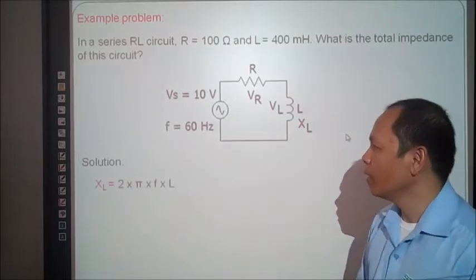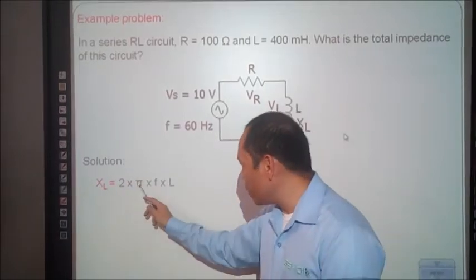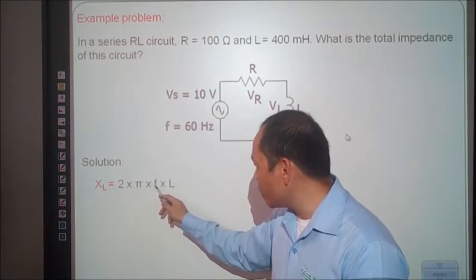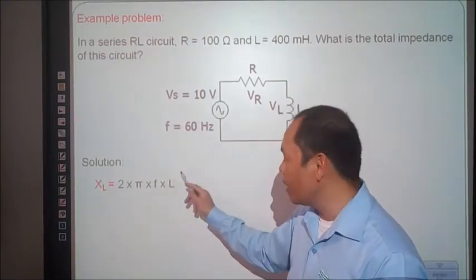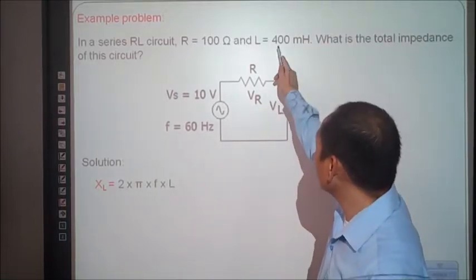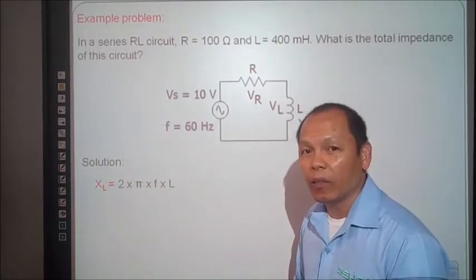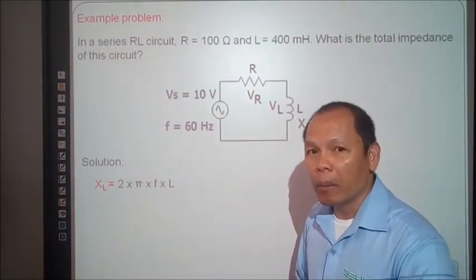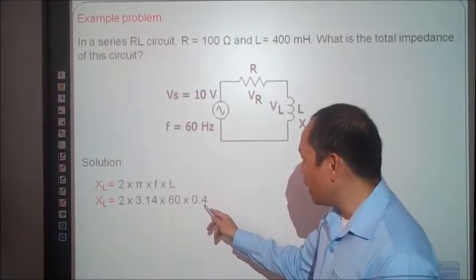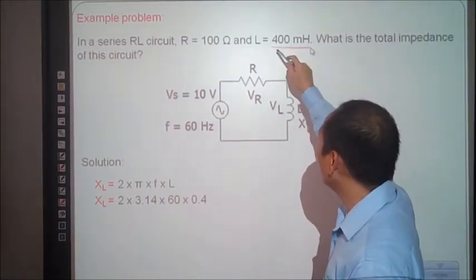Solution. So, solve for XL. Substitute the value of pi, which is 3.1415. Substitute the value of F, which is 60 hertz. And substitute the value of L. L is 400 millihenry, but we will not write 400 millihenry. We will convert first to Henry. So this will become 400 millihenry divided by 1,000.